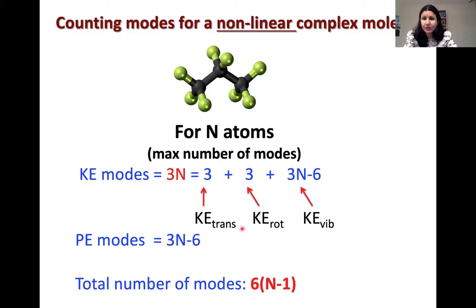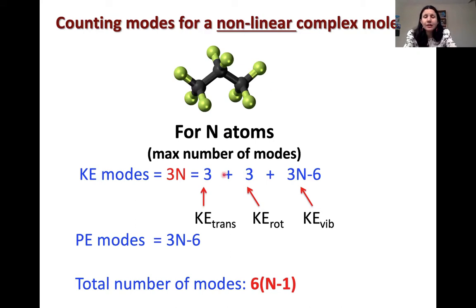There's translational kinetic energy, which is just this molecule as a whole moving in 3-dimensional space. Then there's a rotational one, and in this case there are 3. As I discussed, it's not linear, so you can rotate on the surface of this slide here, rotate in and out of the board this way, or about its axis that way. So that's the 3 independent axes.